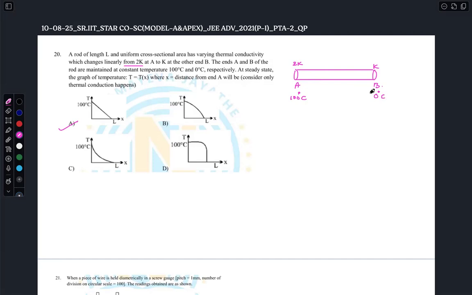Steady state. Now, the issue here is that K is a variable quantity, not a fixed quantity.